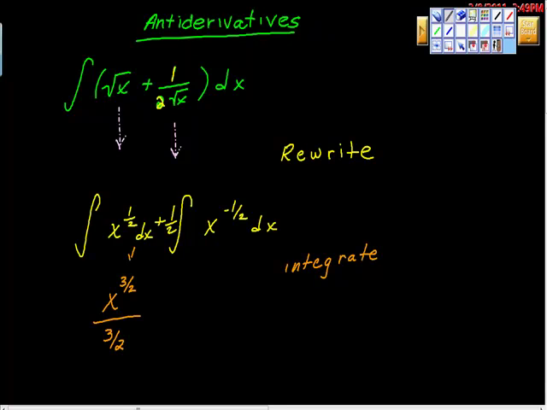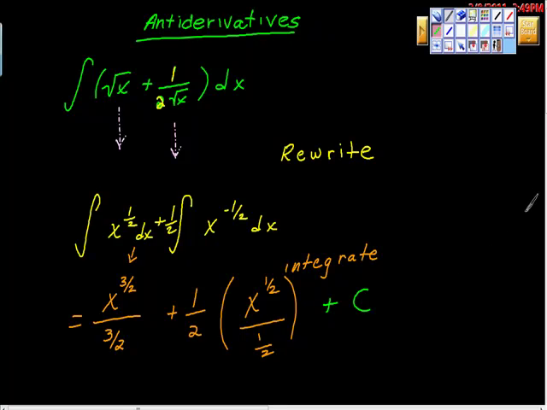That's me integrating this piece right here. And then this piece would be plus this 1/2, and when I integrate this, I'm going to add 1 back to the exponent, so this is going to be x to the 1/2 over 1/2, right? I was reminded many times today that I was continuing to forget to put c in there. So there's our c value.